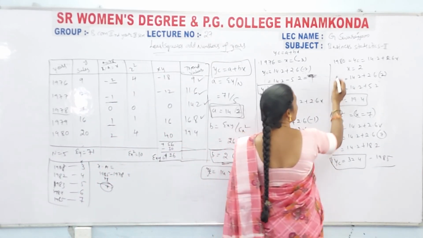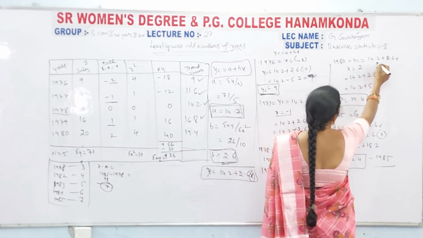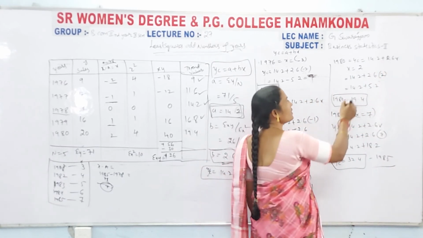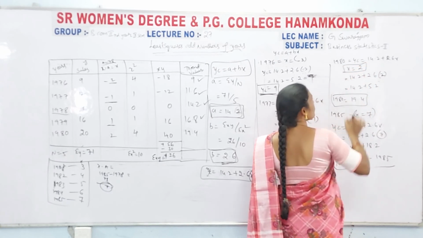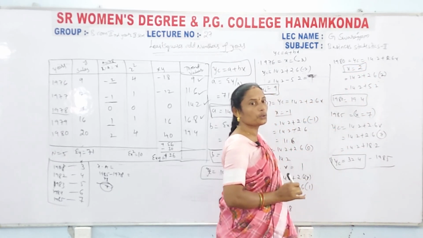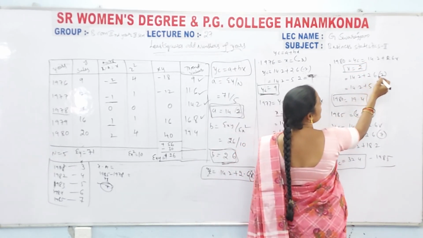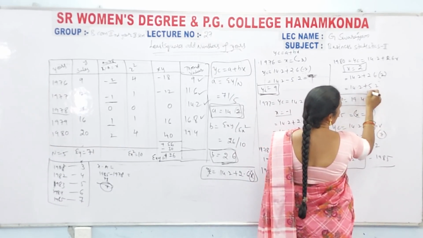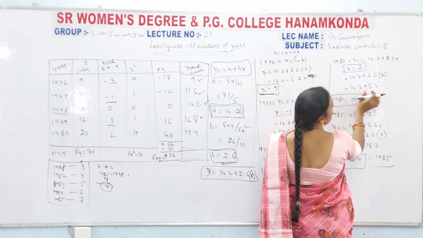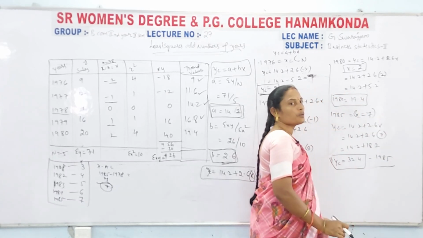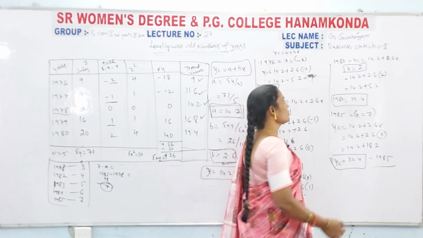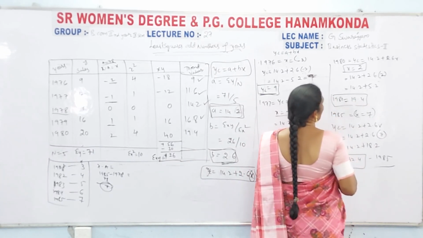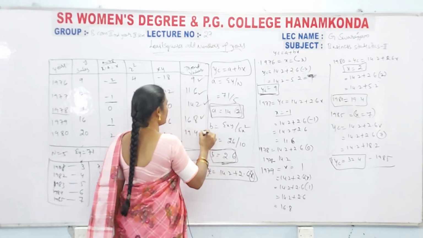The next, for 1980, YC is equal to 14.2 plus 2.6x. So the x value is positive 2. Implement 2 in this formula: 2 into 2.6 is 5.2, plus into plus is plus. So 14.2 is positive, 5.2 is positive, so we can write 19.4.